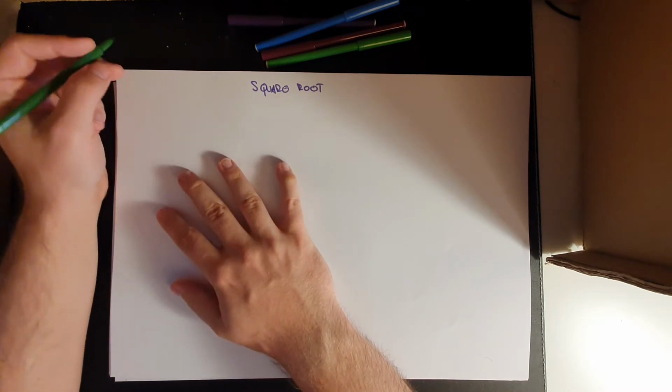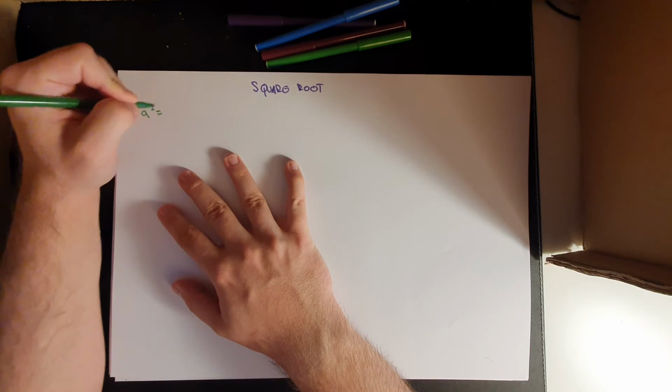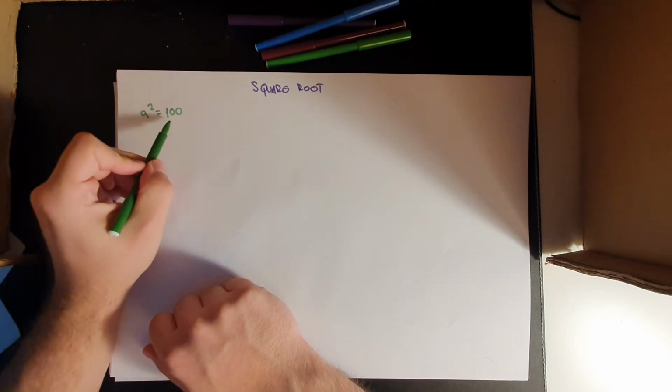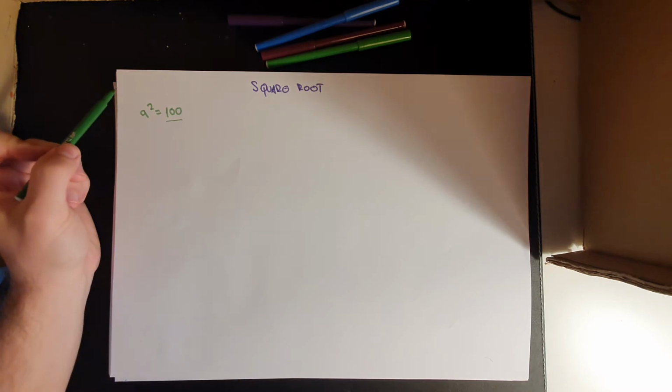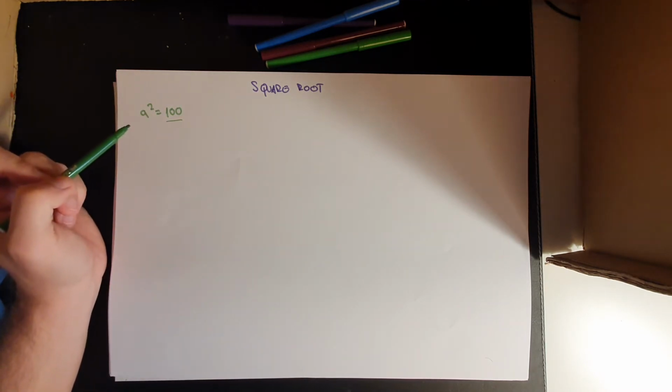for example like this: a squared equals 100. So 100 is a number. It's not just any number, it's a positive number. And I at the moment want to look at what number squared gives us 100. So there are two possibilities.